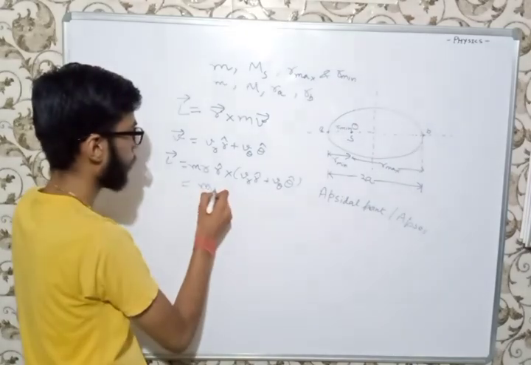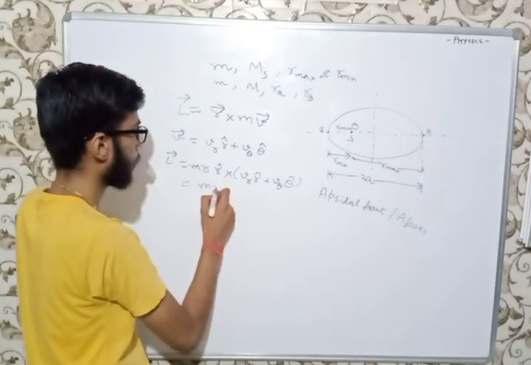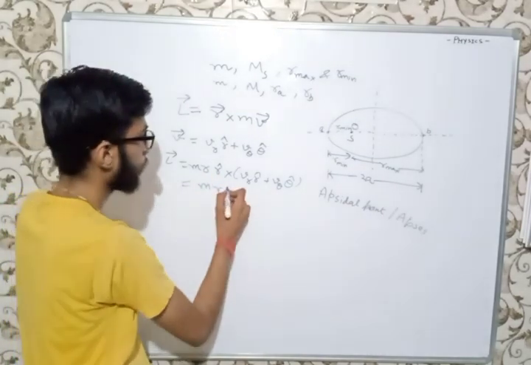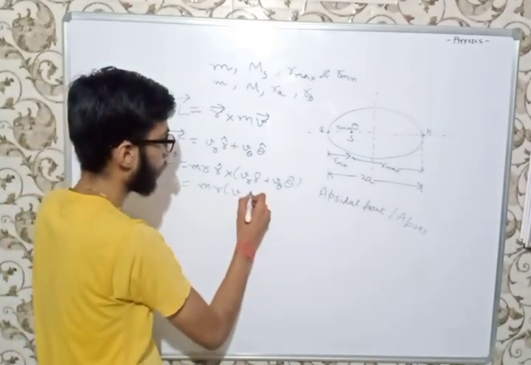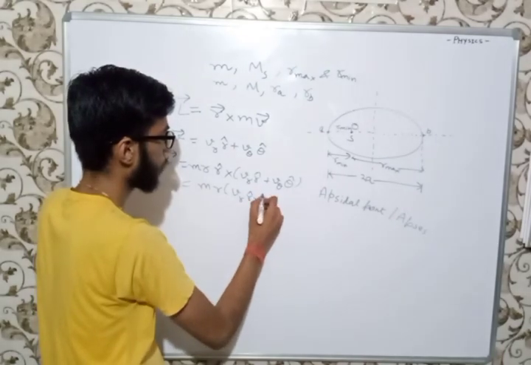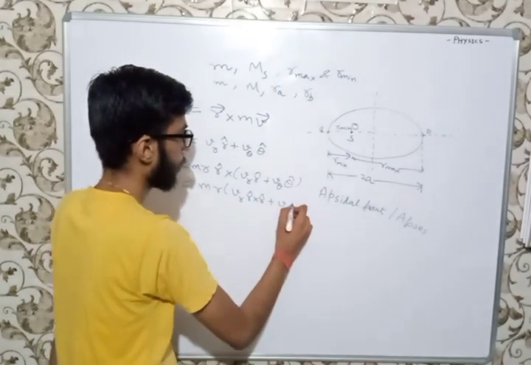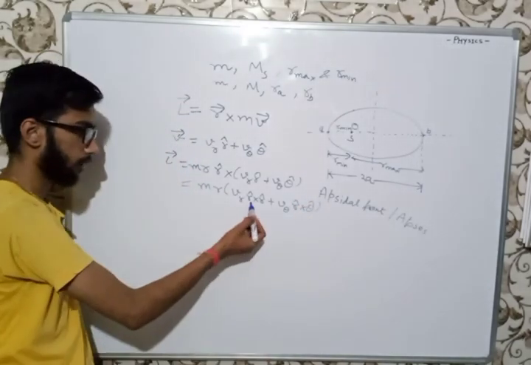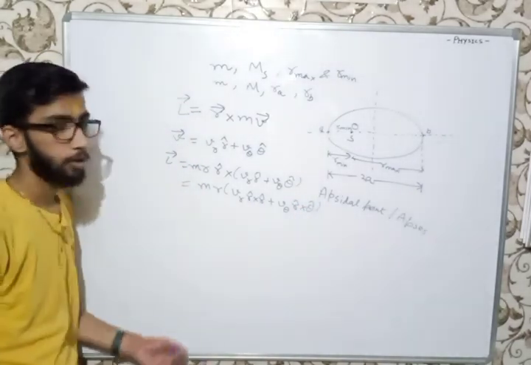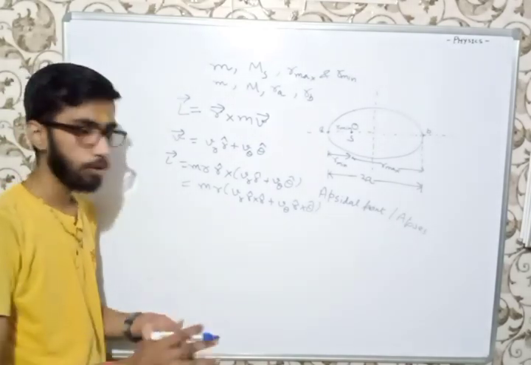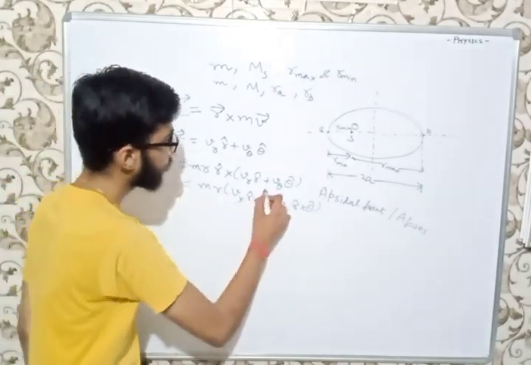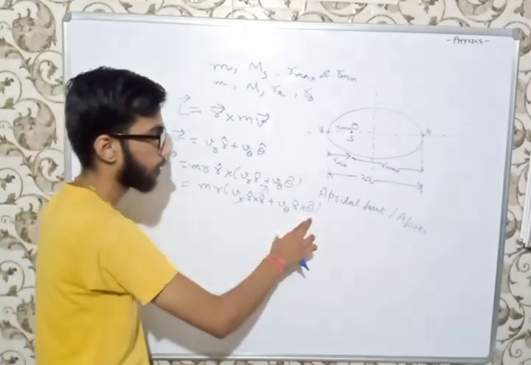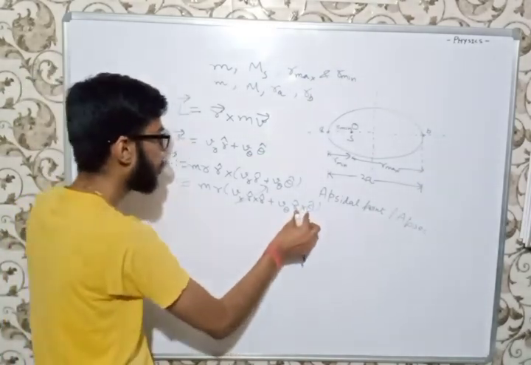Now it will be m times r r cap cross v_r r cap plus v_theta r cap cross theta cap. r cap cross r cap is a null vector, because the cross of the same vector is 0. But these two are not the same vector, so this value will not be 0.